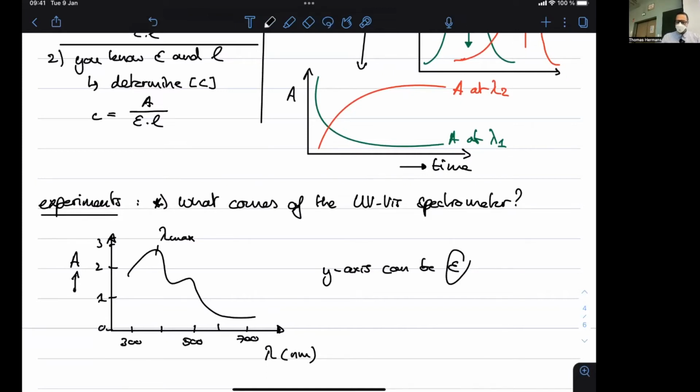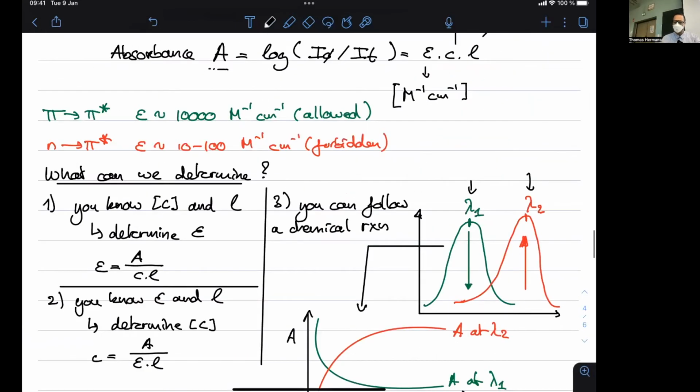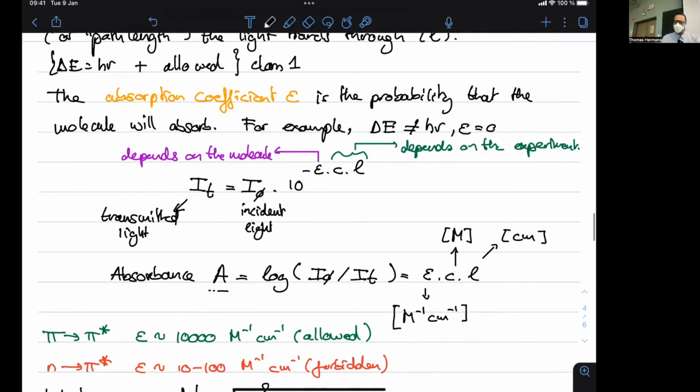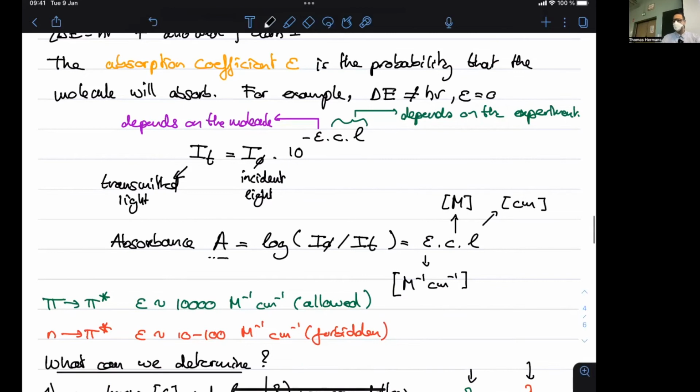So what does it mean if I have absorbance 2? What does that mean in the experiment? Let's go back to the equation. Absorbance 2 means that the log of the incident and the transmitted light is 2.